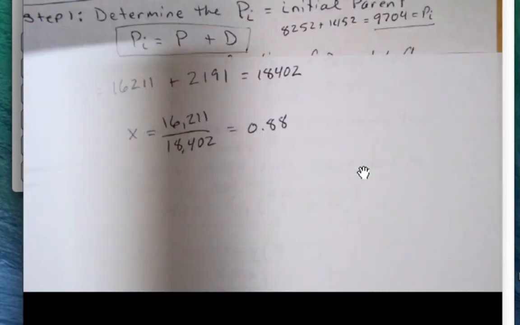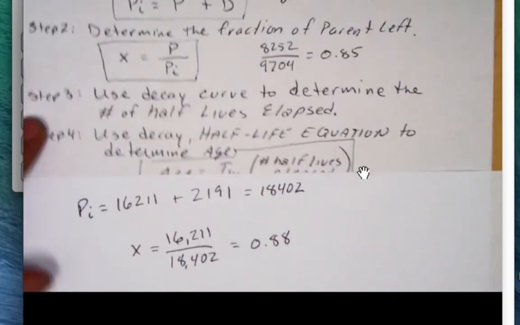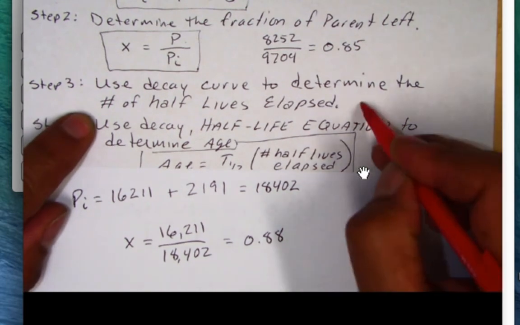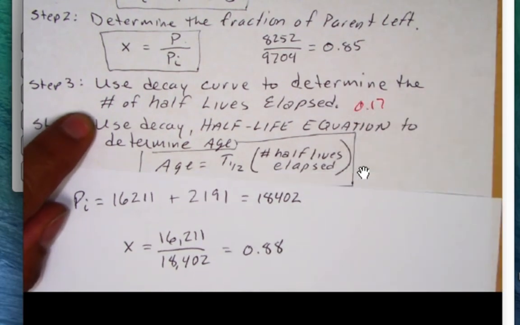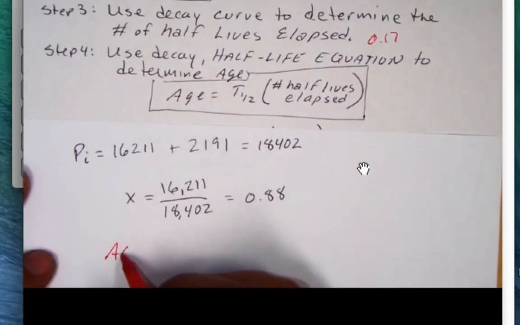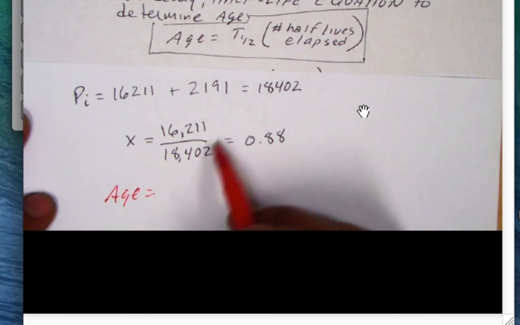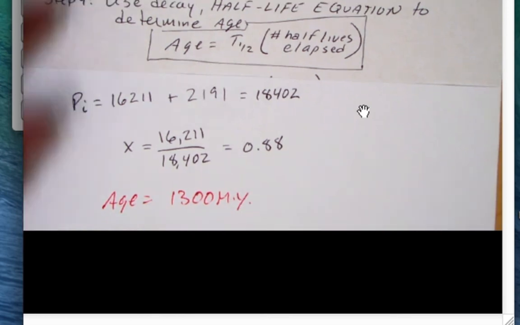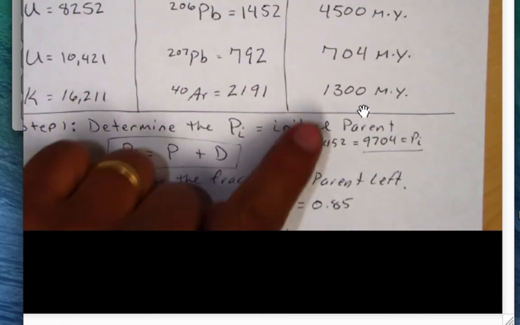So now doing that, we've determined our number of half-lives, which is 0.17 for the sample. Now we use this age equation, right? So the age equals the T1/2 for this sample, which is 1300 million years. So that's given, right? I'll always give you that. It's up here in the table, 1300.